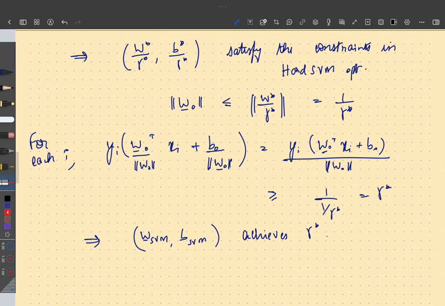So the minimum, provided the classification is correct, this is the distance between xi and the hyperplane. The minimum over that is the margin, and this is the maximum possible. I've shown that for every i, the distance is at least gamma star for the Hard-SVM solution.